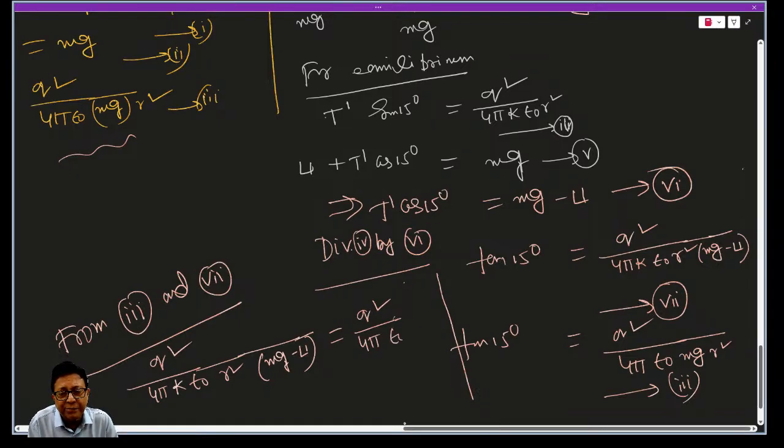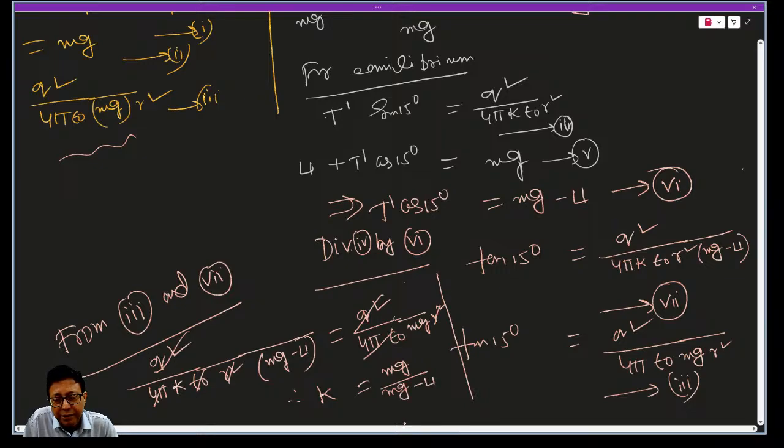Tan 15 is the same, no? So these two get cancelled, 4 pi E0 also, r square gets cancelled. So k is going to be what? Mg divided by mg minus u. Am I correct? I hope you have understood. Just divide.